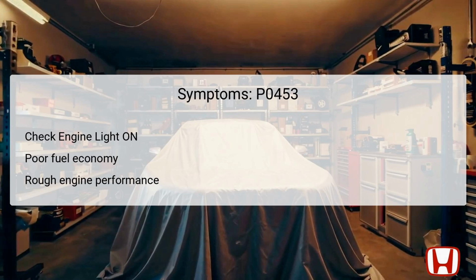The fluctuation in fuel pressure readings can disrupt fuel delivery, leading to rough engine performance, where the engine may misfire or operate inefficiently. These symptoms collectively point to the potential for issues within the evaporation system, requiring immediate attention to prevent further damage and restore optimal vehicular function.